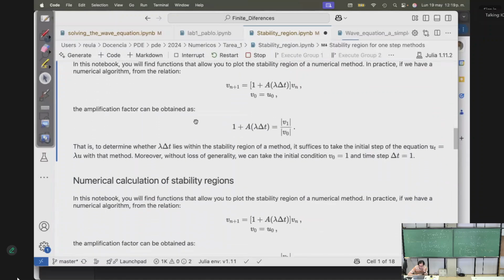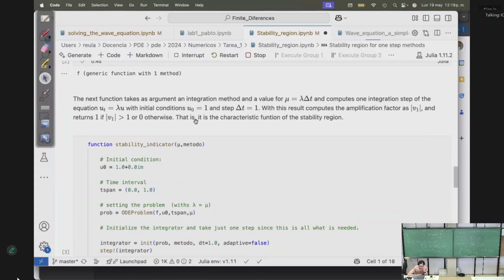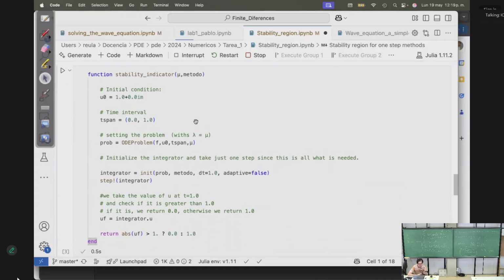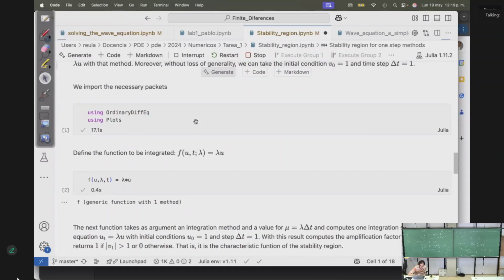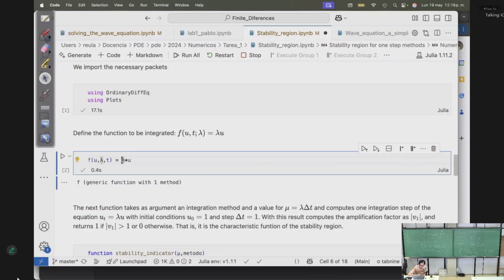So what the method here is trying to do is just a simple equation where we have an initial data, an exponential function, where f of u, lambda, and t returns lambda times u, okay?